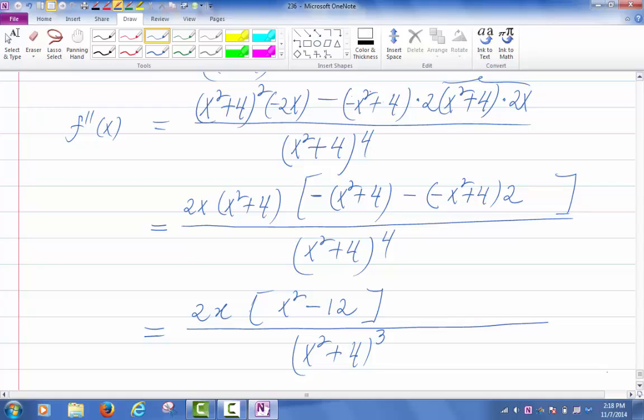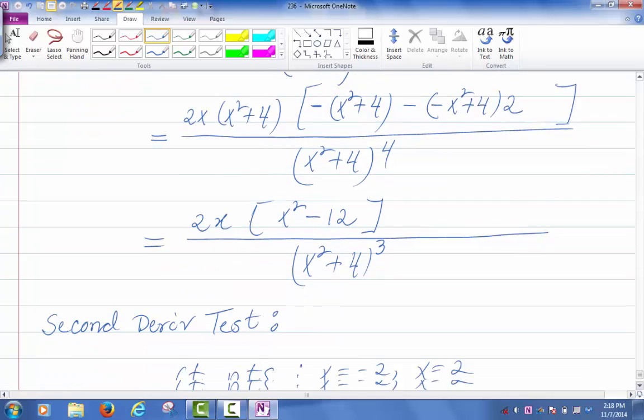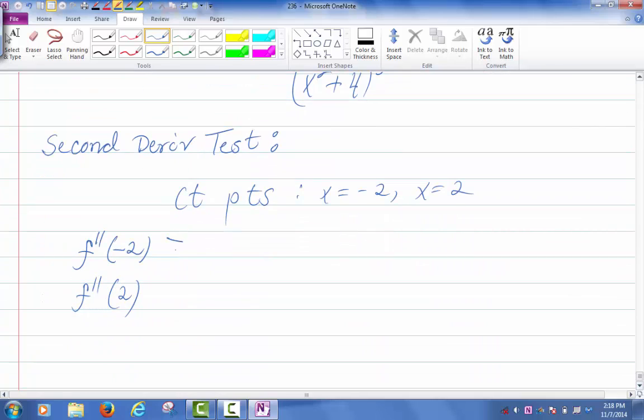What am I getting? Positive or negative? You plug in negative 2, this is negative, negative 2, this is negative, right? Negative, negative, positive. Denominator is positive. Altogether it's positive, right? So I get that this is positive.